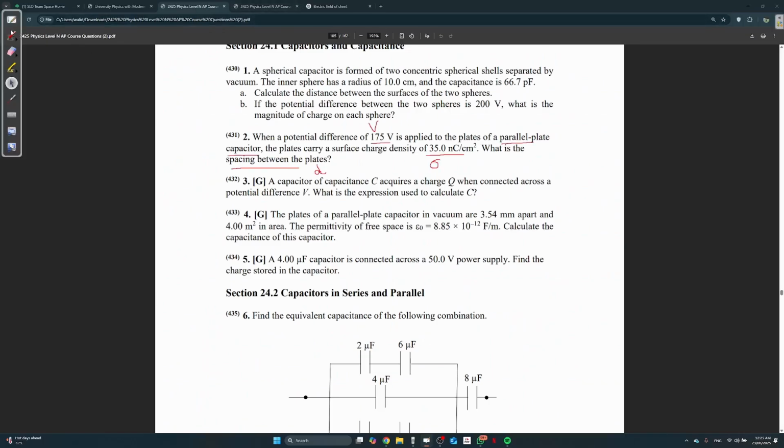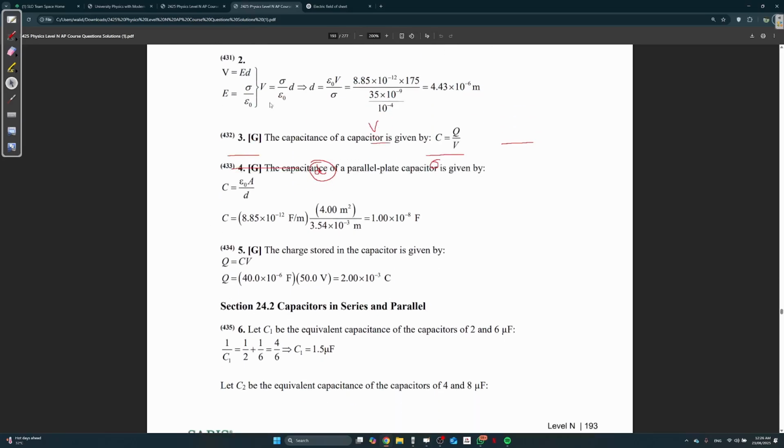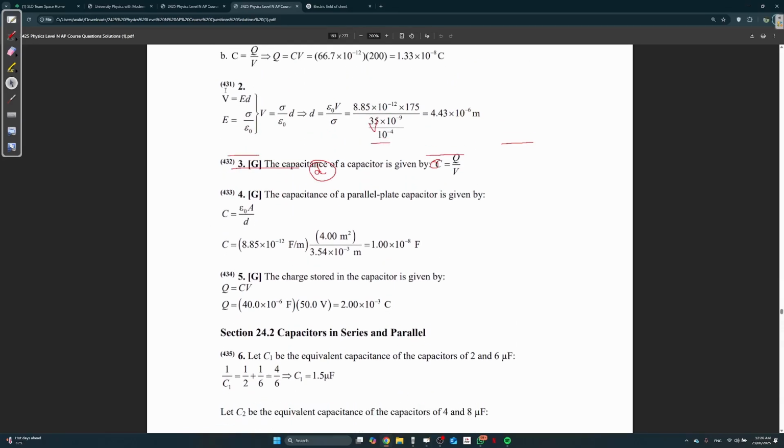Over here now, they gave you the voltage, they gave you charge density, they want the distance. Now I'm looking at the solution in the book, and you can just simply follow what they did here. They said the voltage is equal to electric field times the distance, and then electric field is charge density over epsilon naught, and they substituted it.